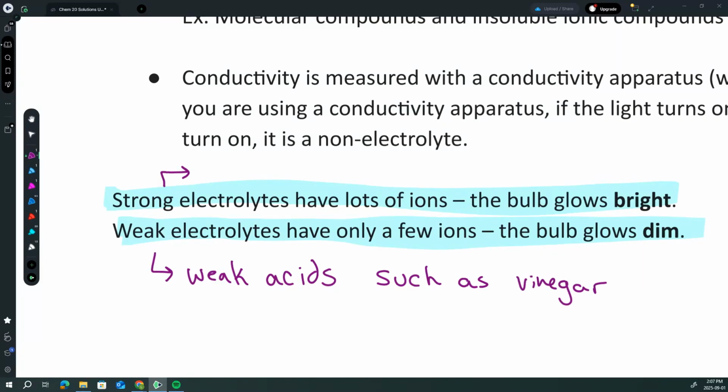And your strong electrolytes are going to be your strong acids. They could also be your strong bases. Which I should add on to this, your weak electrolytes can also be your weak bases.